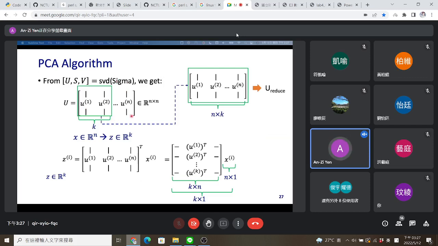If we want to reduce the data from n dimensions down to k dimensions, then what we need to do is take the first k vectors, which gives us U1 up to UK. Oh, sorry, this is k. This is a typo, that n should be replaced by k.